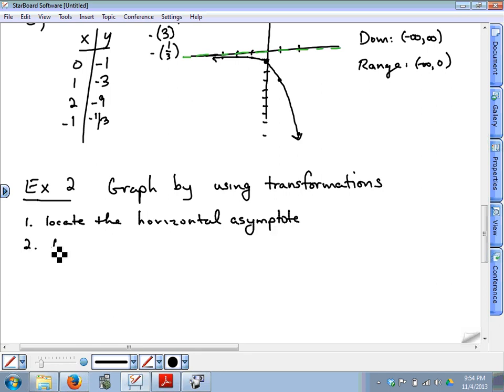Step 2 is find the y-intercept. And then step 3 is plot 2 more points. Any 2 points you want, doesn't matter. So you're going to have a total of 3 points, y-intercept plus 2 points, and then you're going to have the horizontal asymptote. It is going to be a little bit quicker to graph it this way.